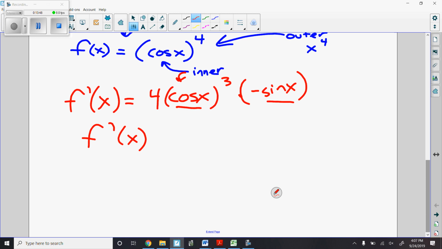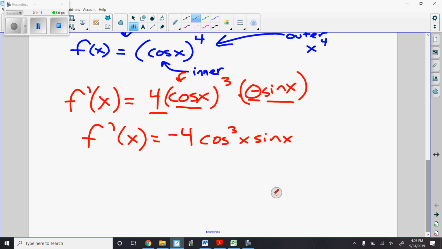So I'm going to look at my coefficients. I have a coefficient of 4 and a coefficient of -1. And I'm multiplying those together, so I'm going to multiply them together and put it out front as -4. Now this cosine x cubed is probably going to be written without parentheses as cosine cubed x times sine x.